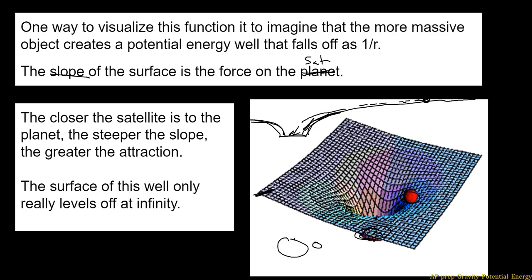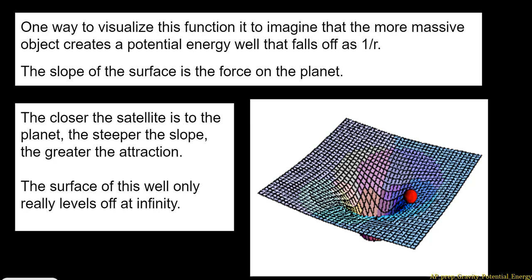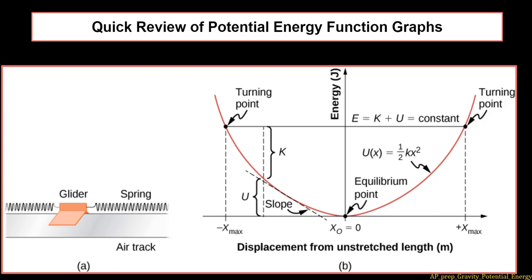Quick review, just to pull things together, of the potential energy function graph. Remember that you mark the total mechanical energy. So this is a glider between two springs. So this is your stored energy function. You mark the TME.